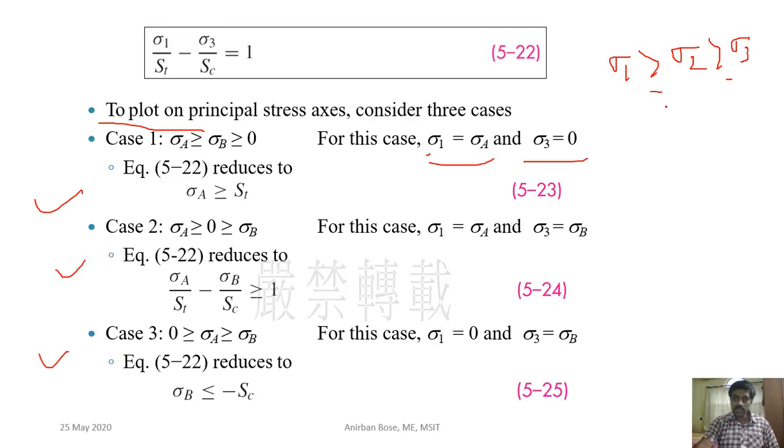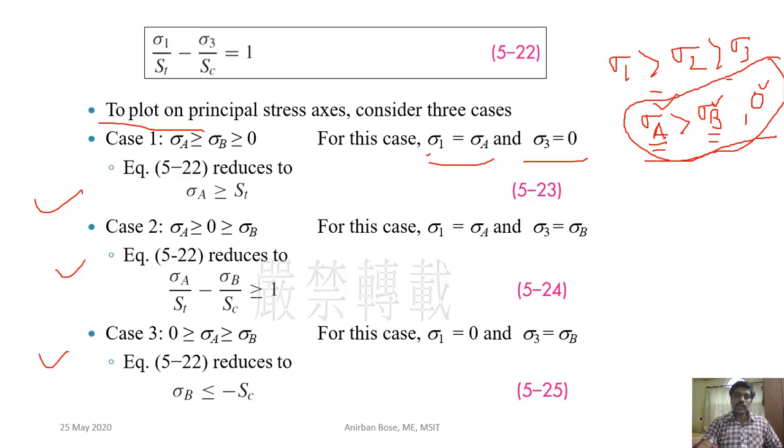And for a plane stress situation, remember sigma A greater than sigma B, and another one may be 0. So these are the 3 principal stresses in case of plane stress situation.